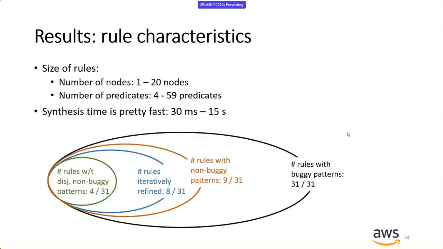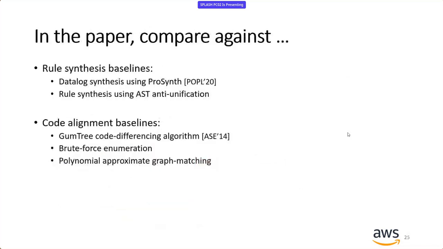I'll skip over the result characteristics. We have comparisons against baselines in the paper, so you can take a look at the paper for detailed results.